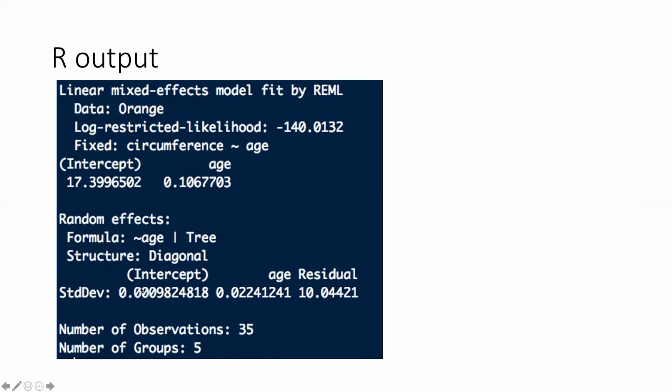This is the standard deviation for the random effect at the tree level on the intercept, and the tree level on the slope. We see that the standard deviation for the intercept is very, very small. So that means we could eliminate this term from the model, and we don't need separate intercepts for each individual tree. So this would simplify the way that we're modeling this data.